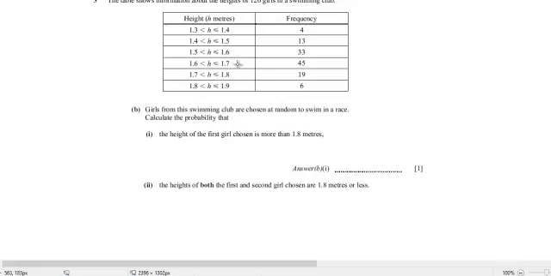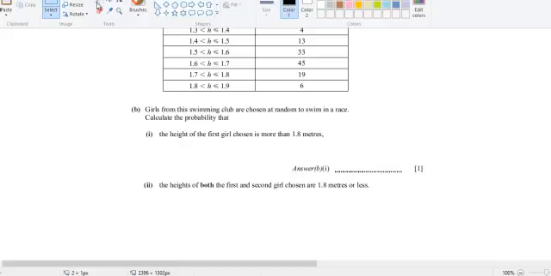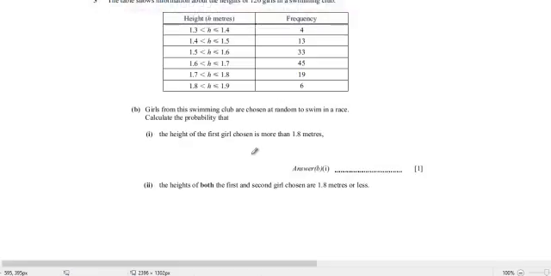So if you can see here, till here we have the height. So the height of the first girl chosen is more than 1.8. More than 1.8 is this interval. If you can see, for height more than 1.8 we have a frequency of 6, meaning 6 girls are taller than 1.8.